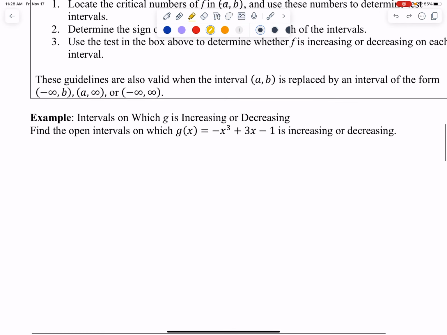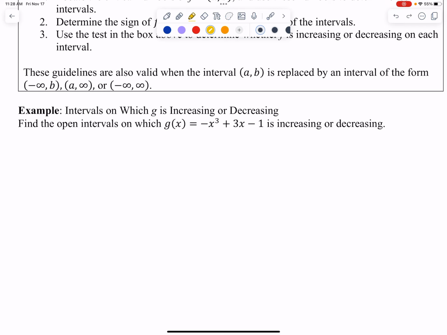So for this first question about determining the open intervals where g is increasing or decreasing, and we're also going to justify here. Oh, wrong pen. Okay, we need g prime so that we can find the critical numbers, and g prime would be negative 3x squared plus 3.